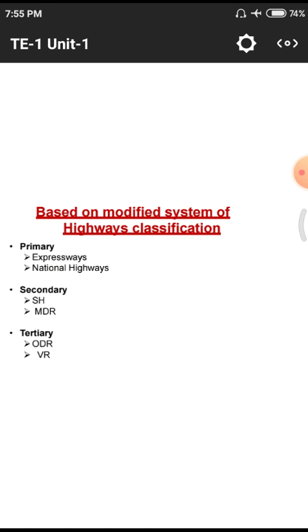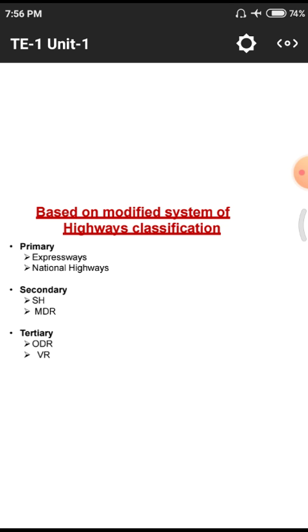So we can simply understand these concepts by using the example of RTC, for express highways and national highways. Second one is the secondary roads. In these secondary roads we have two, state highways and major district roads. Those two are related to the state level. National highways and express highways are majorly related to the nation, that means the overall country.